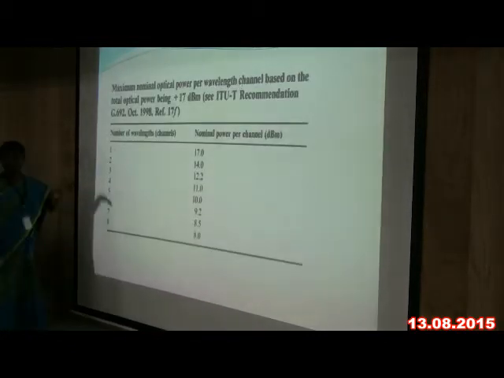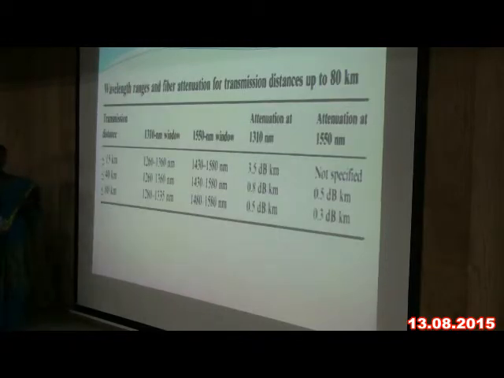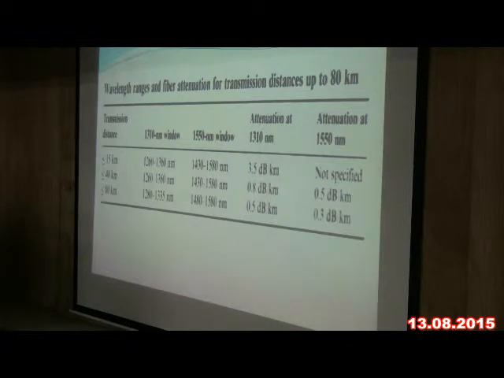Next one. Previous. What do you mean by wavelength? Last one, you please stand up. What do you mean by wavelength? Why are we calling it wavelength in optical communication?